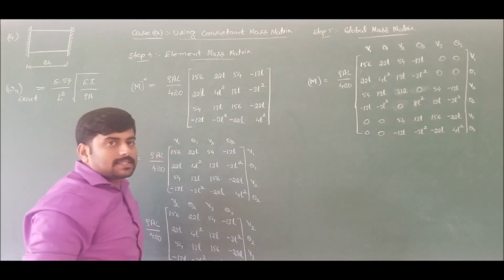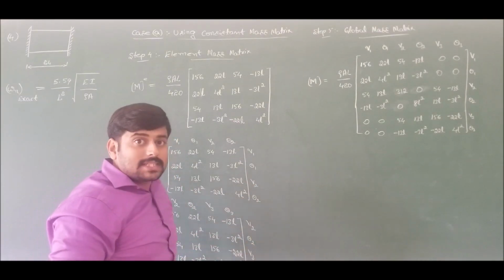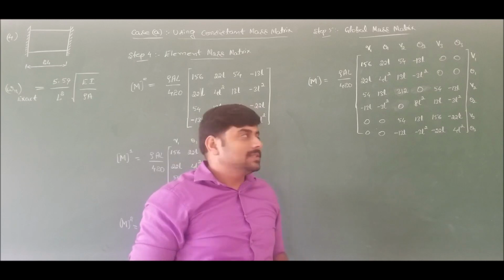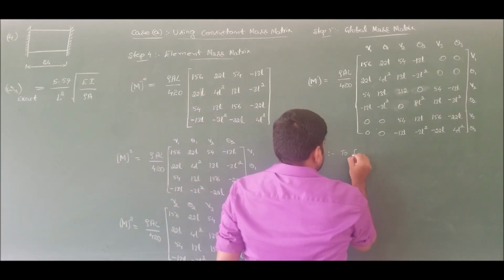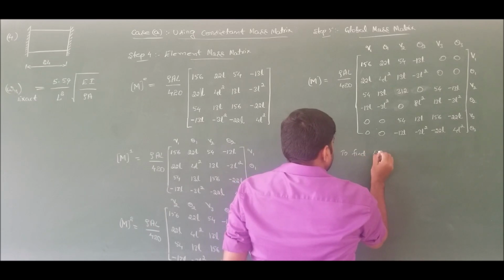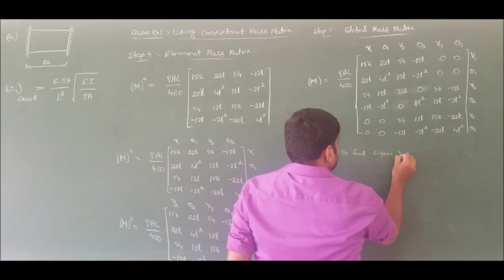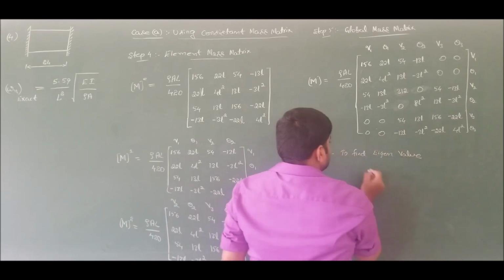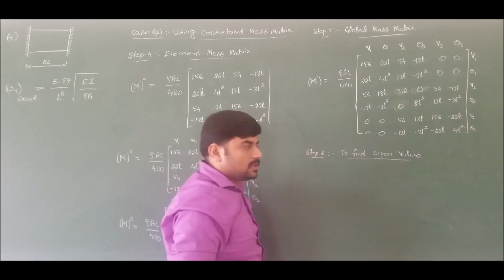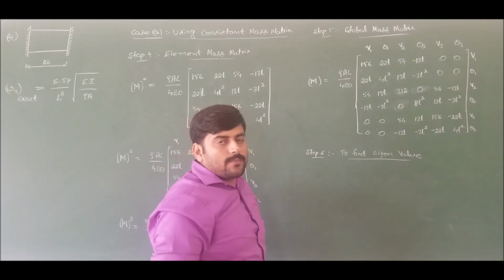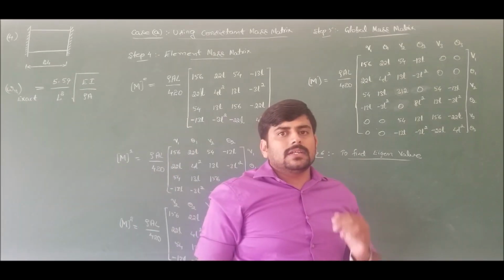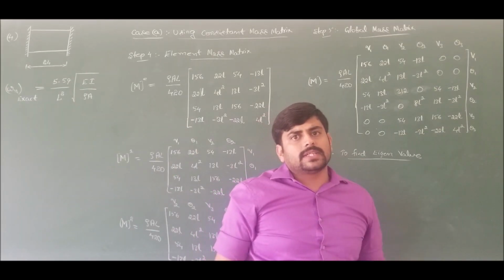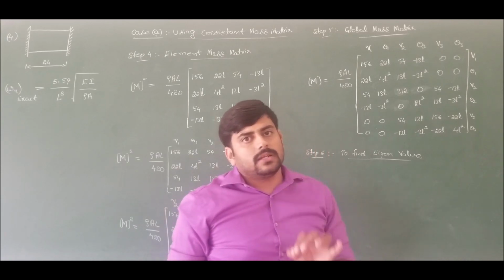Now moving to step 6, to find the natural frequency or eigenvalue, using which I can find the natural frequency for the given problem. To find the eigenvalue, we already know that we should use the condition to make the characteristic equation non-trivial.